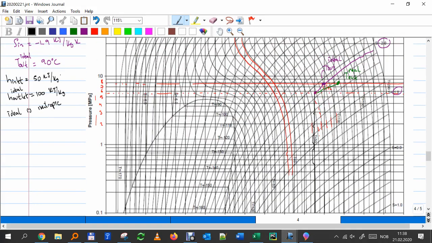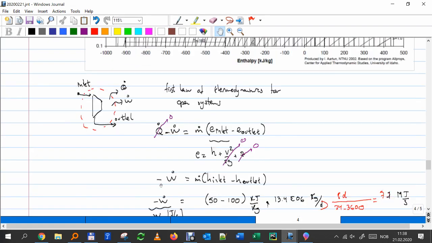So you see, with this chart we have estimated the ideal outlet temperature and also the ideal power required.